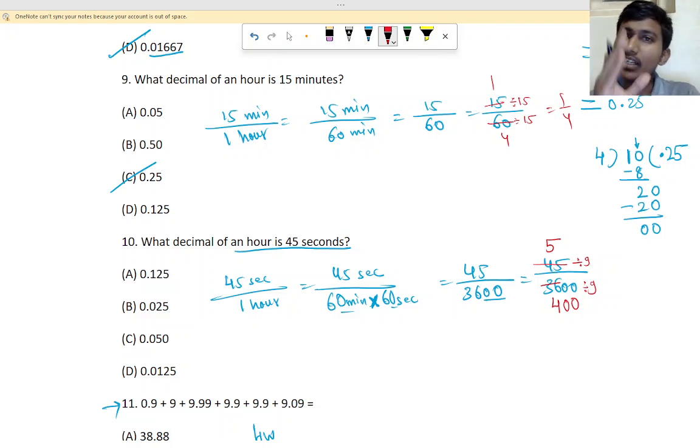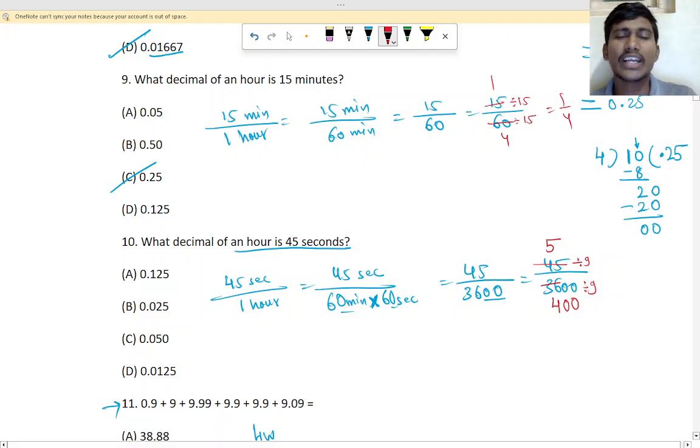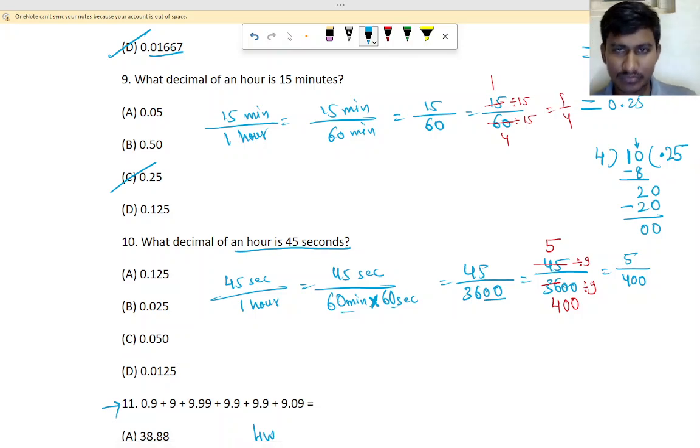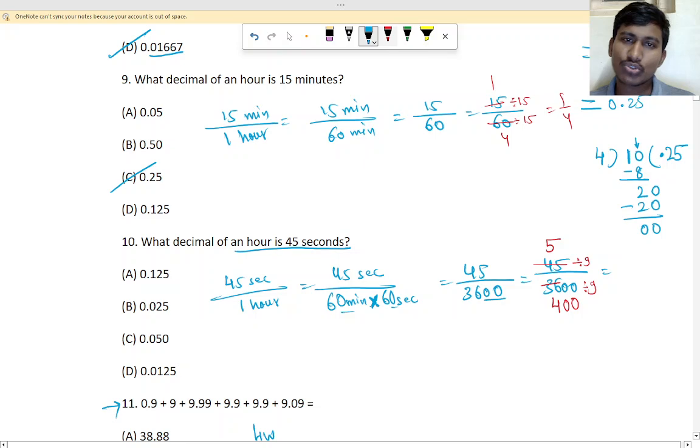So here what you do is you divide by 4 first, because 4 and 100 is there. 5 divided by 400: 400 means you divide by 4 and then give 2 decimal places. So once again I will divide by 4.